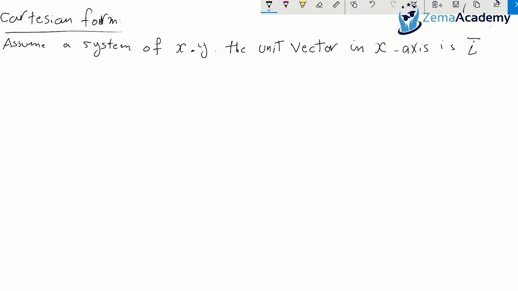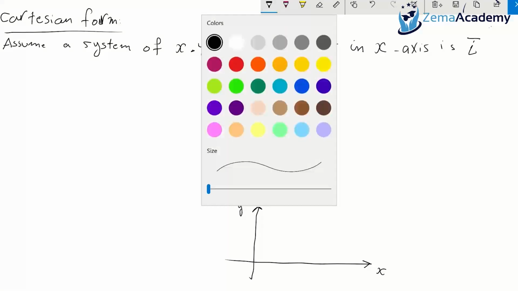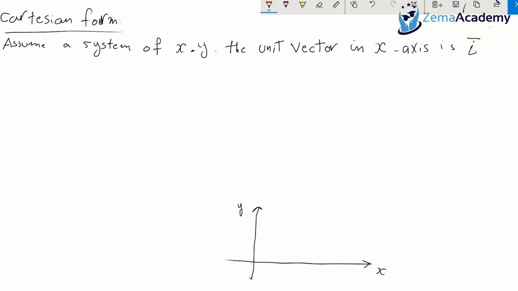Let me draw the coordinate system X and Y. I will assume there is a unit vector. When we say unit vector, it means the magnitude is 1. The length of that unit vector is 1. So unit vector I is in the X direction.